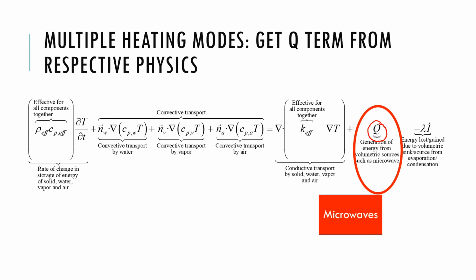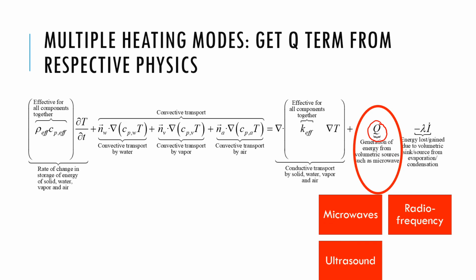This can happen, for example, in microwaves, where electromagnetic energy is converted into thermal energy. Likewise, for radio frequency, it does not always have to be electromagnetic energy to thermal energy. It can be mechanical energy into thermal energy, like in ultrasound and high pressure.